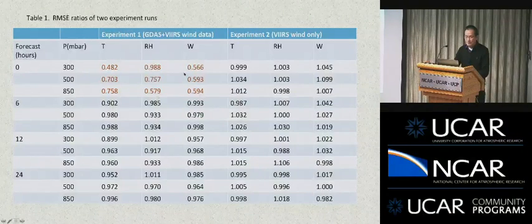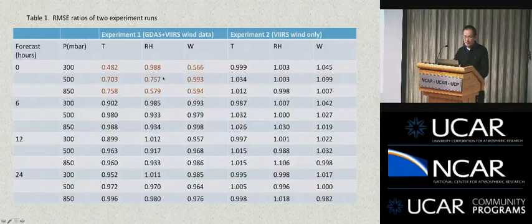For experiment 1, the data assimilation improved our initial condition a lot, like 25% probably. This is around 0.75.